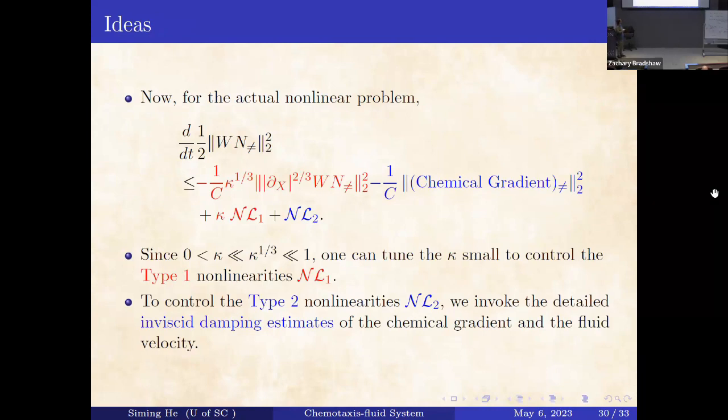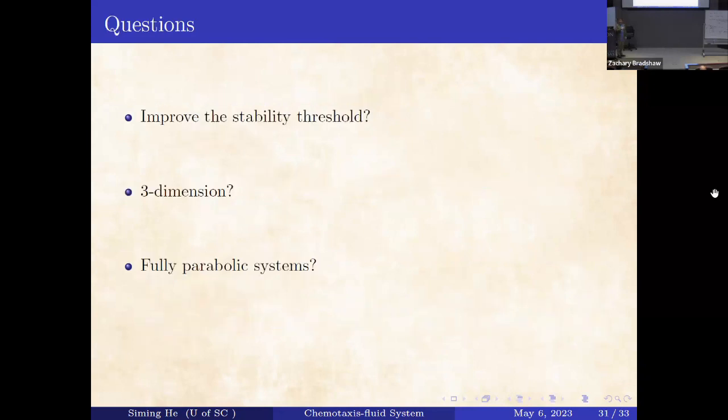Okay, and now my time is up, and I'm going to mention some general questions: I want to improve the stability threshold, and I'll discuss the problem in 3 dimensions, and now consider the fully parabolic case. For the fully parabolic case, it's hard.